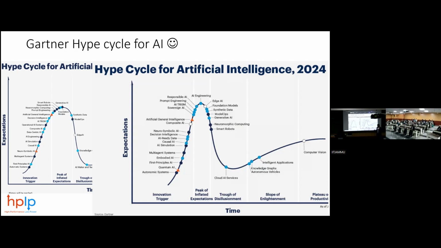And the idea is that most things that happen in society, in industry, have this kind of shape in cycle where basically at the beginning there is some innovation trigger, so something happens that leads to a lot of activity. And then that raises expectations very quickly. And very quickly, there is this kind of over expectation.